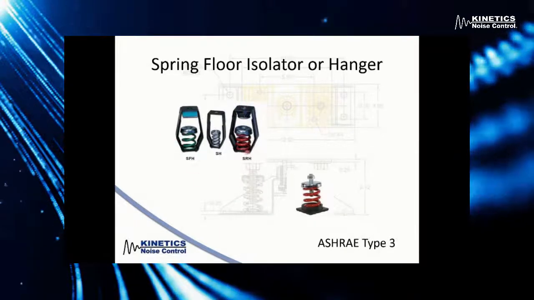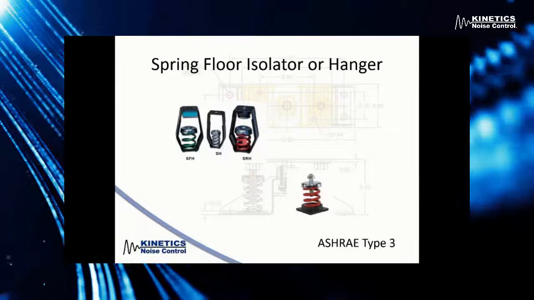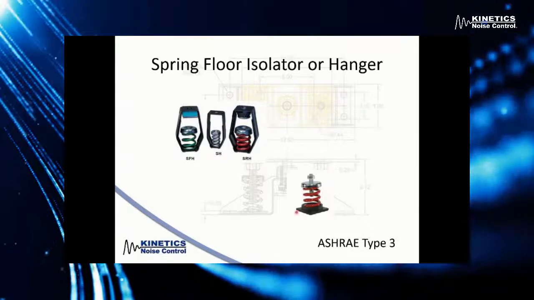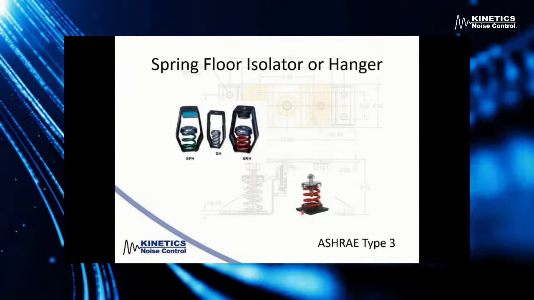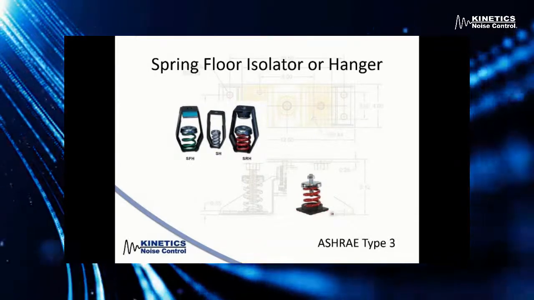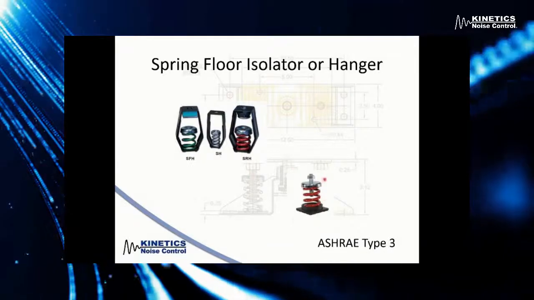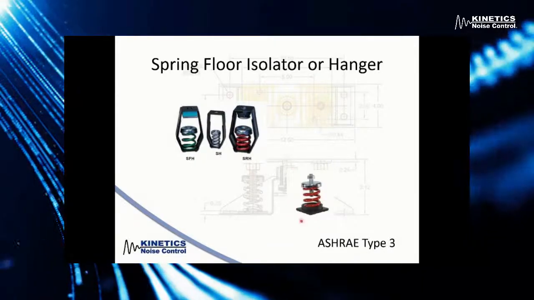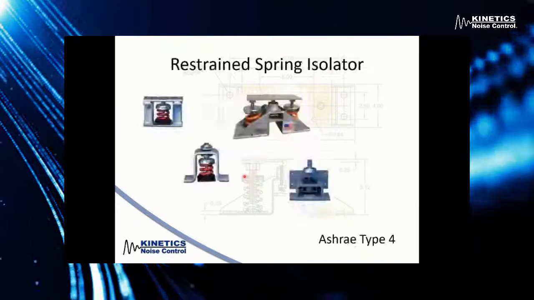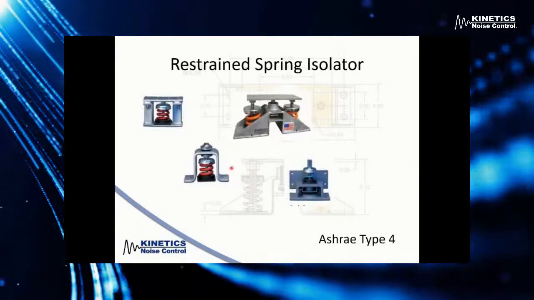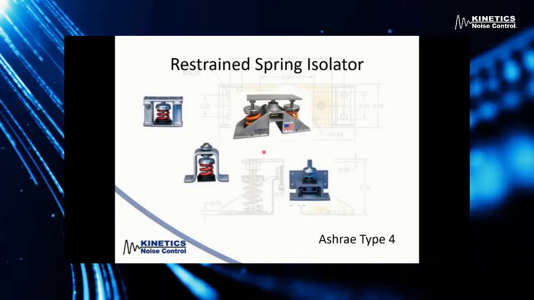So this is a way for you to use a spring hanger to suspend the equipment, and then this is a way for you to set the equipment on top of a spring. And of course, there is no way to bolt this down, so this would be a non-seismic housed spring isolator. So that's ASHRAE type 3.